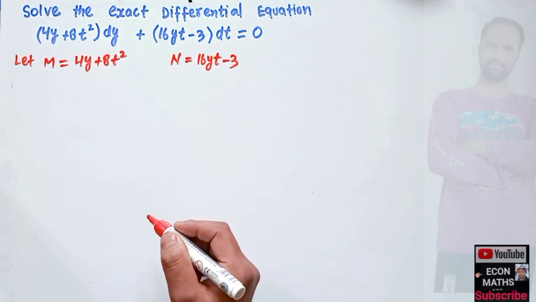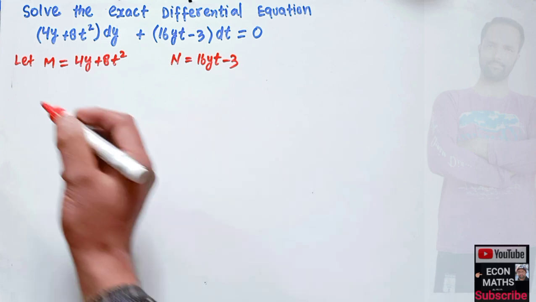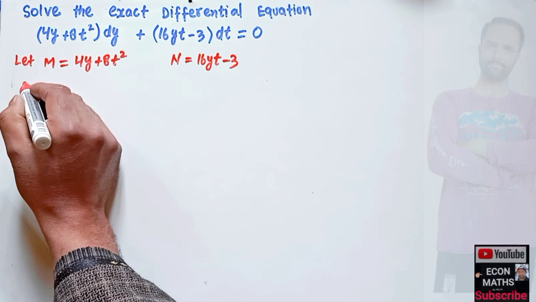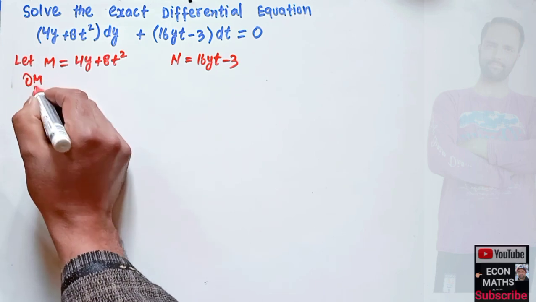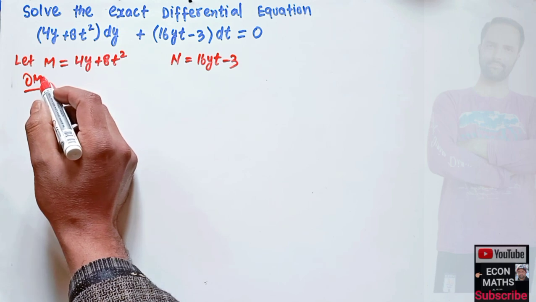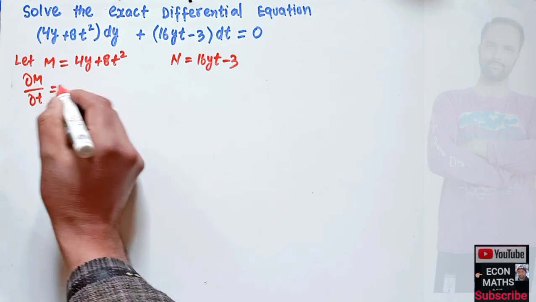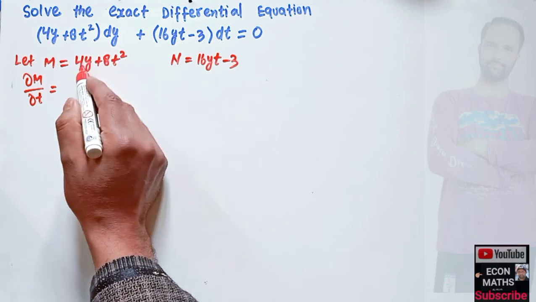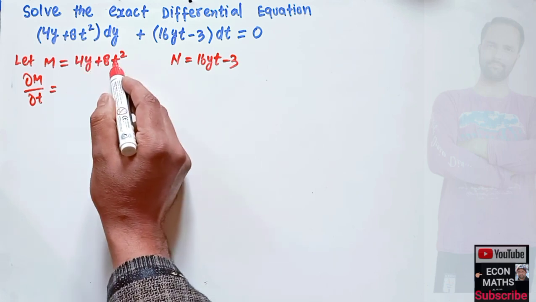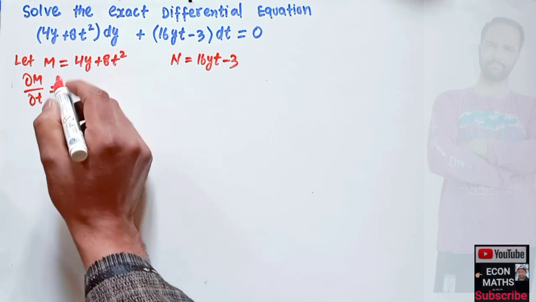To check whether it is an exact differential equation, we take the partial derivative of M with respect to t. Here no t is involved in the first term. The derivative of t² is 2t, so 2 into 8 is 16t.